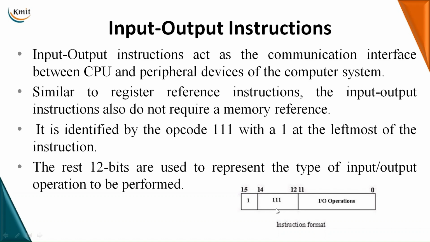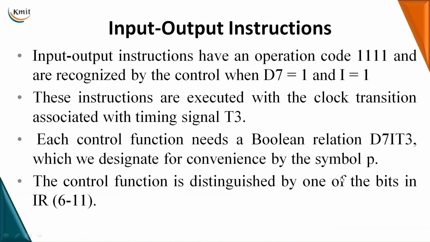So the total opcode for input output instructions is 1111, but in case of register reference, it is 0111. And here, similar to register reference, bits 0 to 11 do not require any memory reference. These 12 bits are used to represent the type of operation that has to be performed.